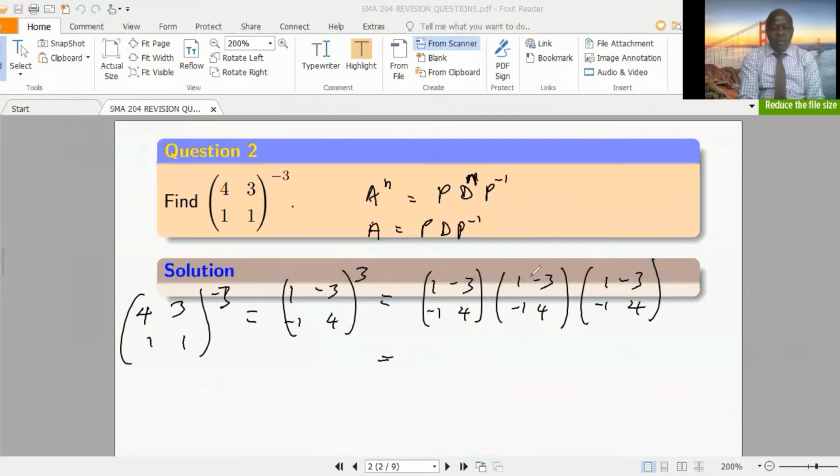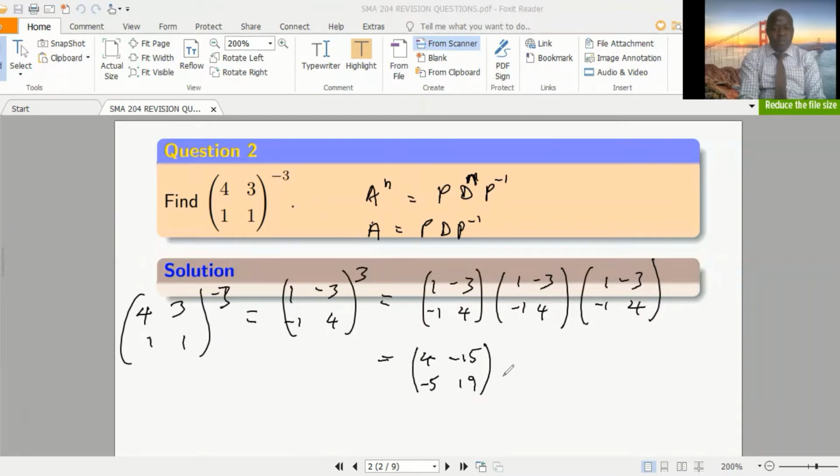So when you do this times that, it will be 1 plus 3, which is 4, and this would be -3 minus 12, which is -15, and this is -1 minus 4, which is -5, and then finally +3 plus 16, which is positive 19.